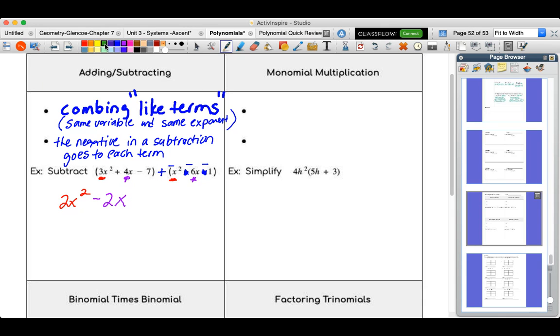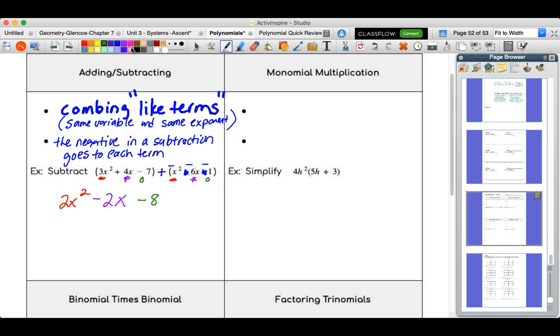And then we also have a -7 plus a -1. So think of that as like a -7 minus 1, which would be a total of a -8. So our new polynomial, when we combine our like terms together, ends up being 2x squared minus 2x minus 8.